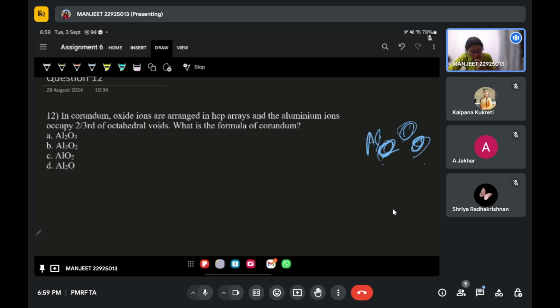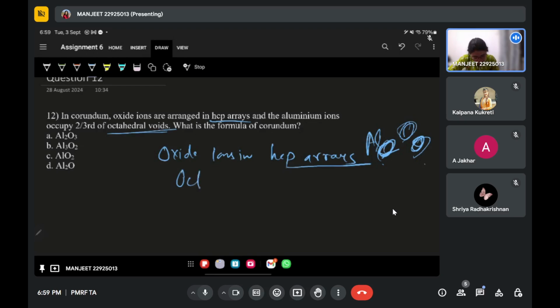So your oxide ions are basically arranged in HCP arrays, and we know in an HCP array the aluminium ions are arranged in the octahedral holes. How many octahedral holes are there in the HCP lattice?